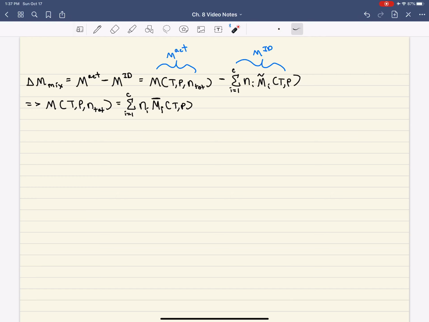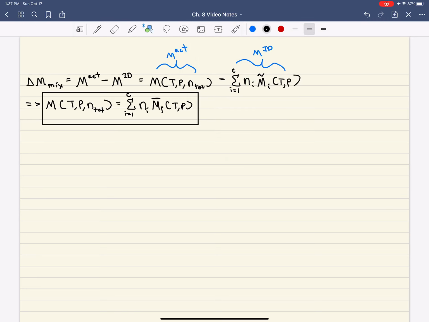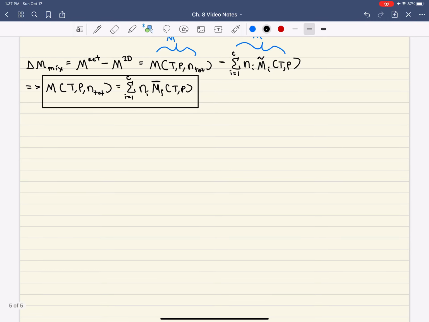So this is the effective molar quantity of a species once it's added to a mixture. And so this is going to be a fairly important relationship for us.